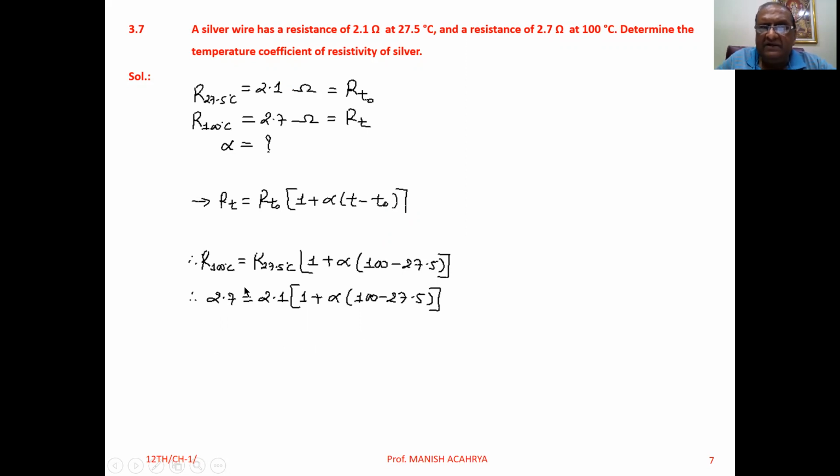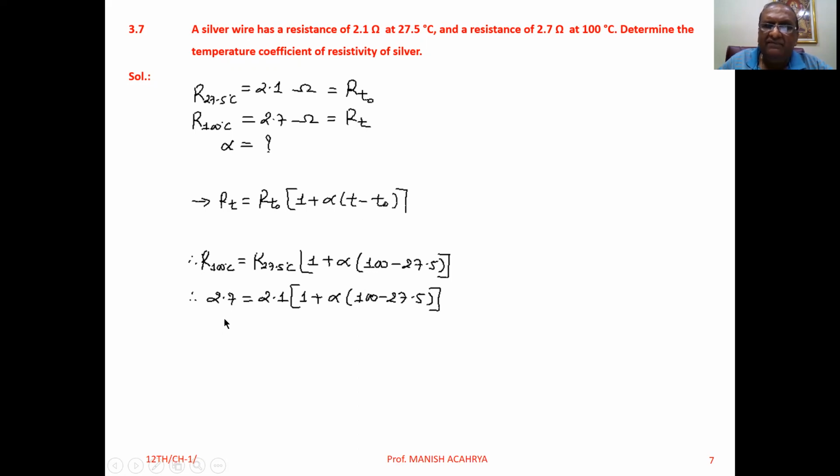Now we can write temperature T, that is 100 degrees Celsius. So R at 100 degrees Celsius. Reference temperature T0, that is 27.5 degrees Celsius. So R at 27.5 degrees Celsius into 1 plus alpha (T minus T0), that is 100 minus 27.5. Substitute the values.